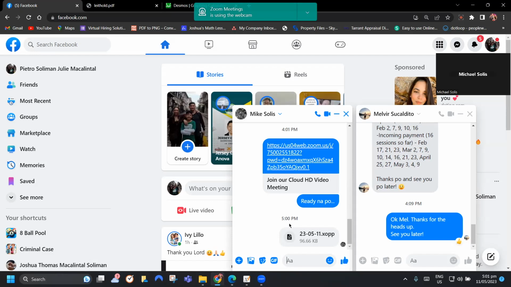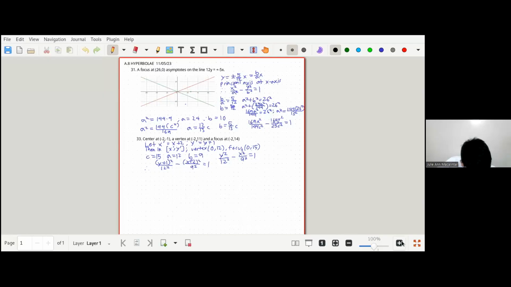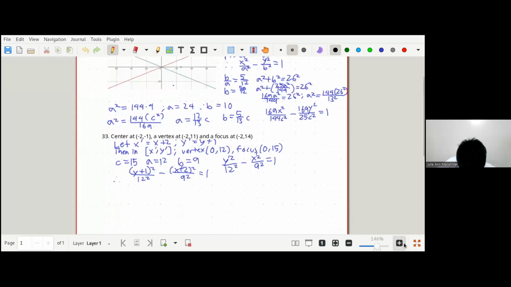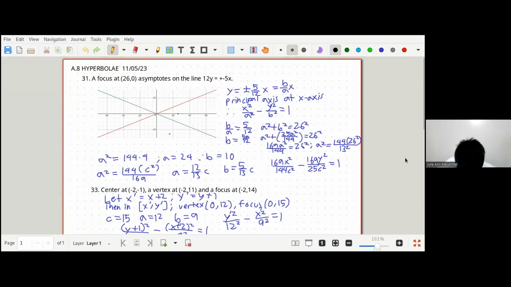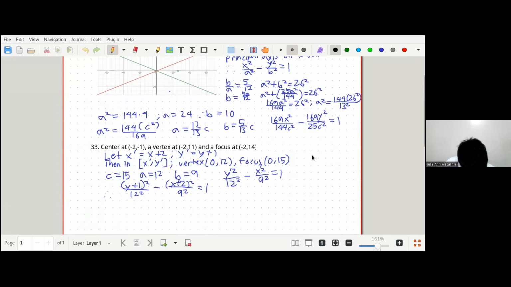Okay, so ito yung document mo. Ngayon, so let's zoom in a bit. Gusto ko lang pakita yung editing process kasi hindi ba natin na-edit, nagsosolve lang tayo and then we haven't really talked about editing.